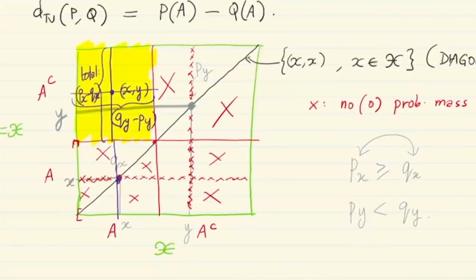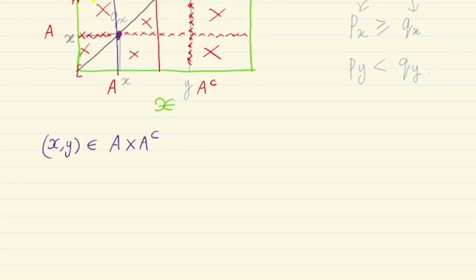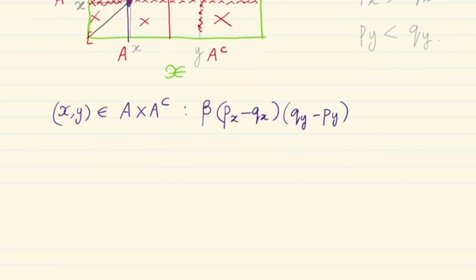So the simplest way of achieving this is putting, at each point x comma y for x and y belonging to A cross A complement, that is the northwest quadrant, a mass which is proportional to the product of what we want there. We want px minus qx on the vertical segment passing through it and qy minus py on the horizontal segment passing through it, and we have to multiply by some constant beta that we will find soon.